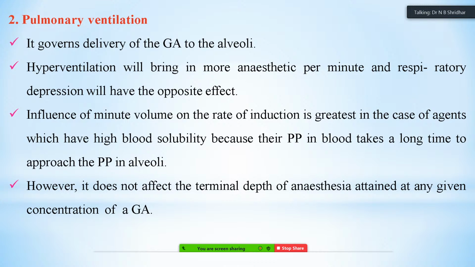Once the gas has entered the blood, metabolism takes place. Sometimes the metabolite may also be active, so it takes more time to recover from the anesthetic phase, or sometimes it may recover very early.